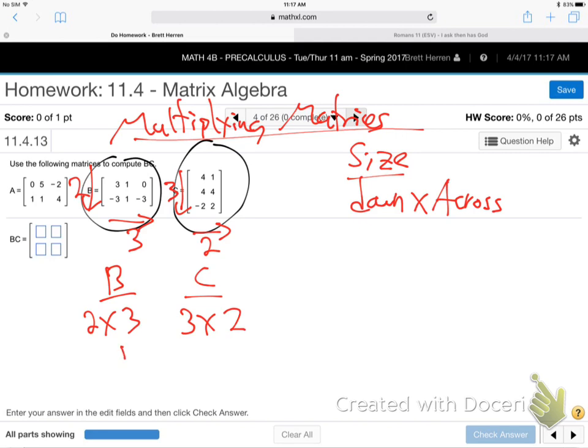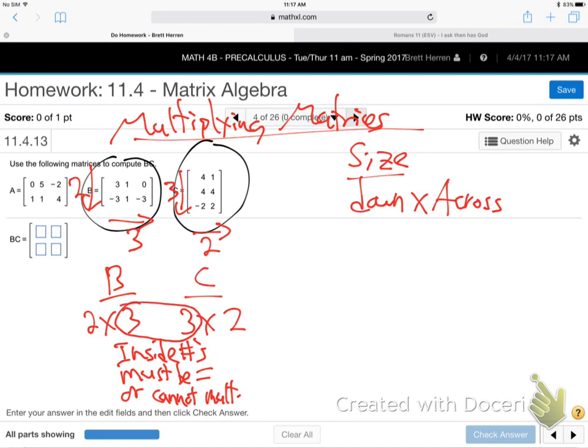Because the inside numbers must be equal or you cannot multiply. See these two numbers? They have to be equal. Not the outside numbers, but the two inside numbers must be equal. And they are. So this one's a go.